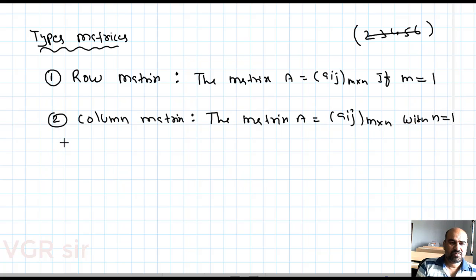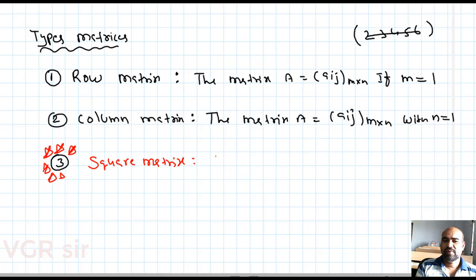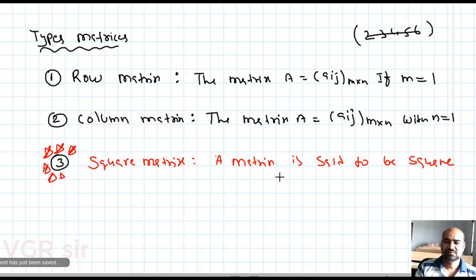Okay. So, third one, an important one: square matrix. A matrix is said to be square if the number of rows is equal to the number of columns.